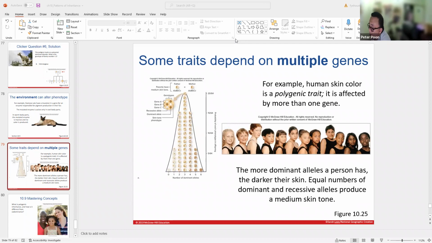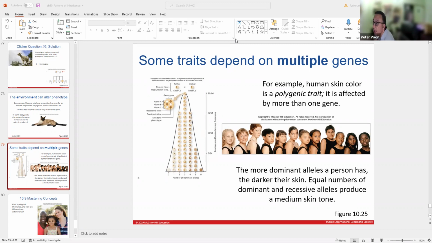So people are not just tall or short. People are not just black or white. People are not just dumb or genius. Intelligence, height, skin color all have many genes that control them, actually more than a dozen.